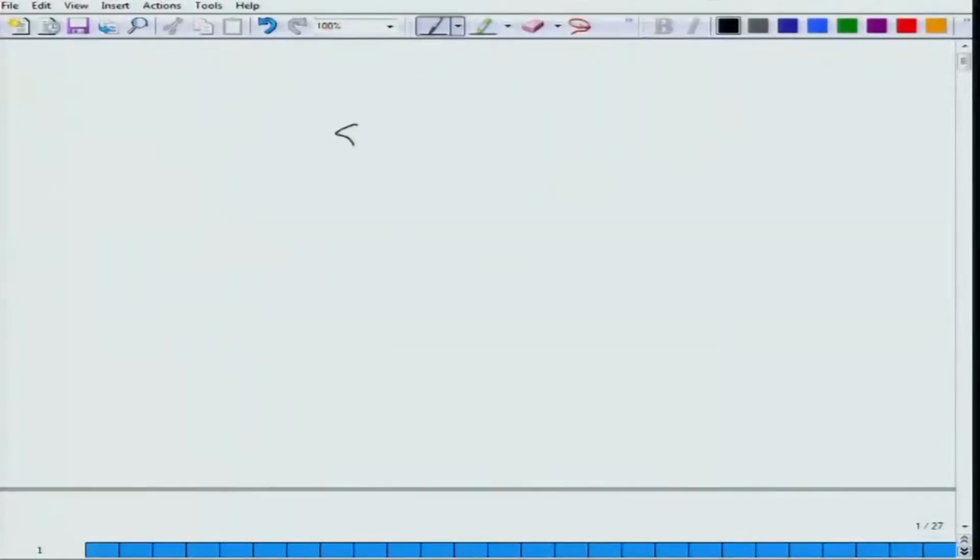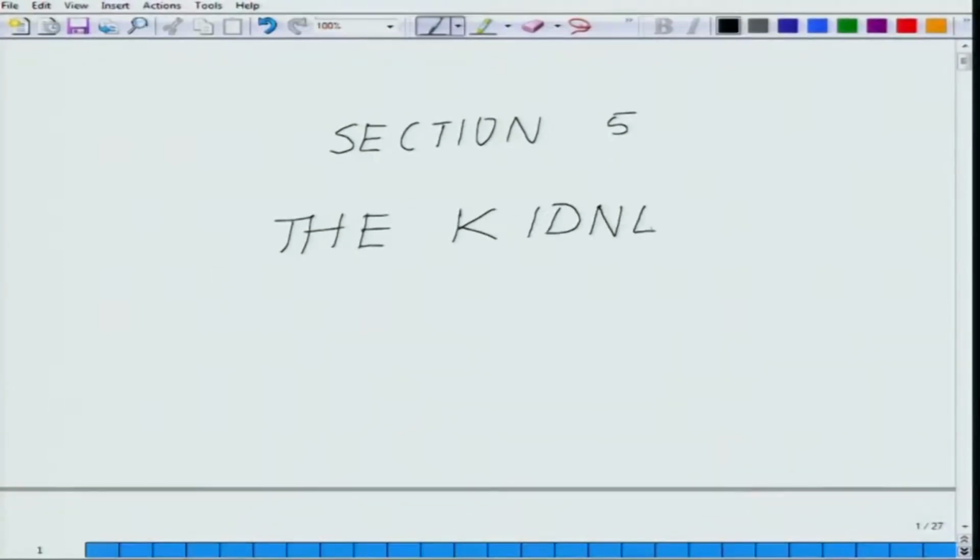We are in section 5, the kidneys and the regulation of body fluid.